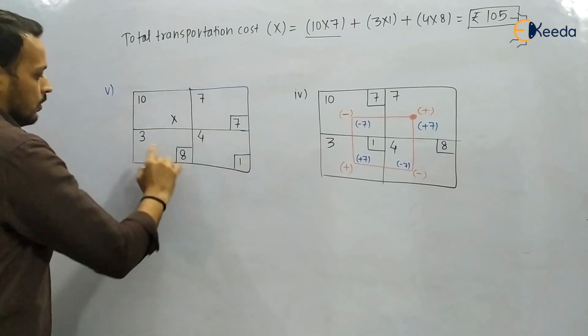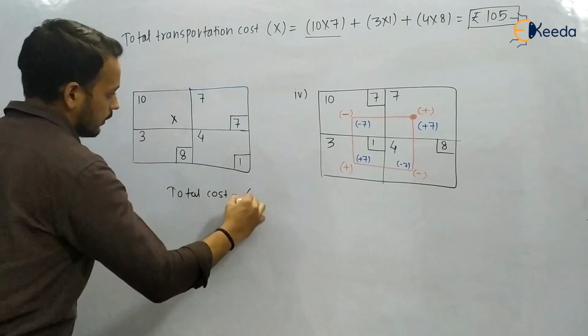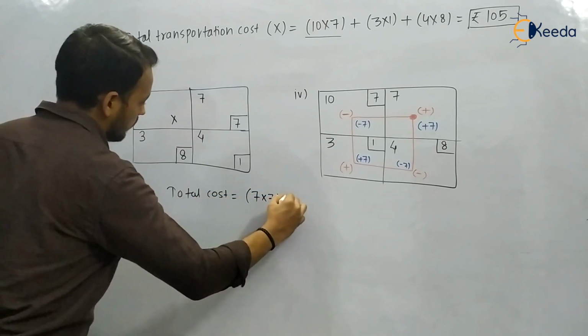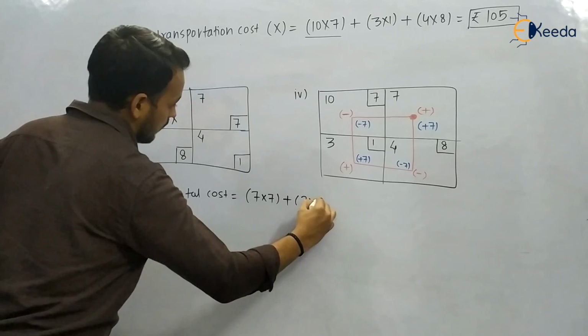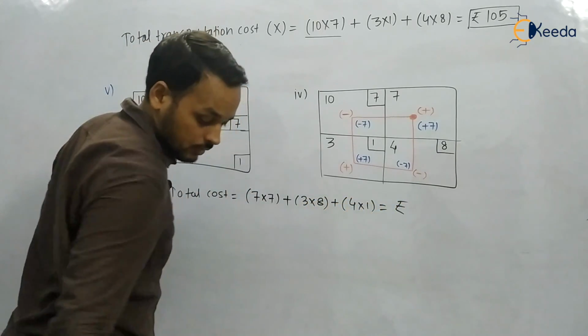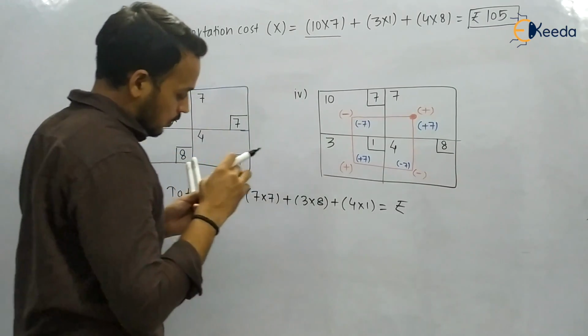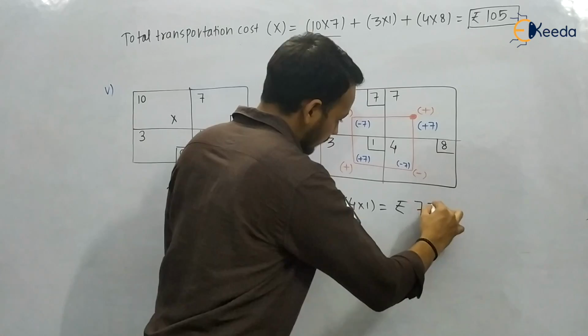Now we will calculate the total cost. It is 7 into 7 plus 3 into 8 plus 4 into 1, so it is going to be rupees 77.